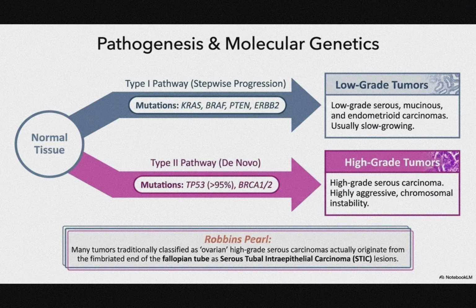We have these two lines from Robbins. Many tumors traditionally classified as ovarian high-grade serous carcinomas actually originate from the fimbriated end of the fallopian tube as serous tubal intraepithelial carcinoma, that is STIC lesions. That one we have to keep in mind.